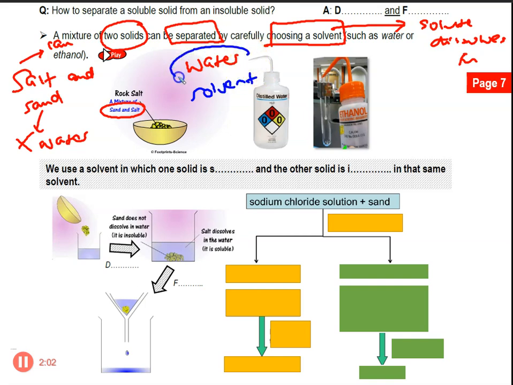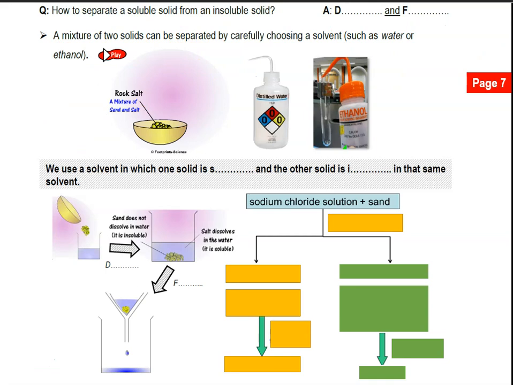And if water is the solvent, which one do you think will be able to dissolve in water? Will it be salt or will it be sand? Yes, so for those of you who are able to tell me that it is salt that can dissolve in water, you're absolutely right. So what do you think will happen if you were to do this? You will have to fill in your answer here, right? So maybe we observe an animation first before you actually fill in your answer.